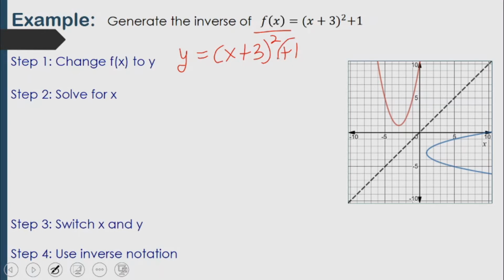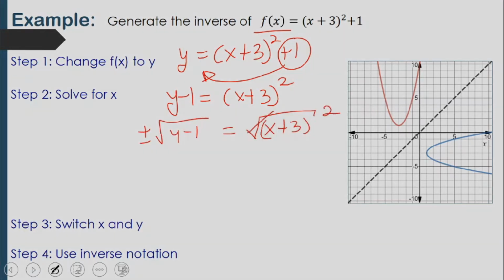We can move this positive 1 to the left, so it will become negative. That will make our equation become y - 1 = (x + 3)². To be able to remove the square, we need to take the square root of both sides. And when you take the square root of both sides, you need to put the plus or minus.